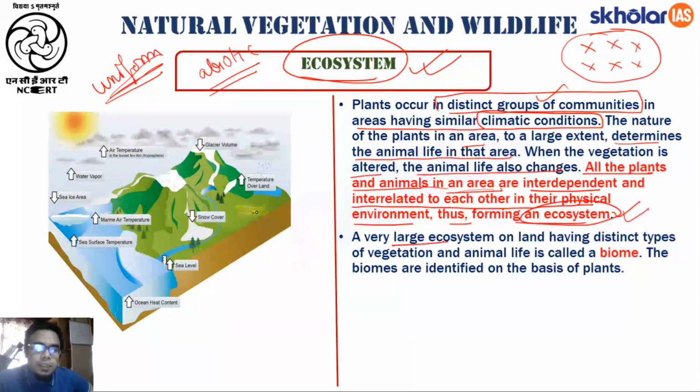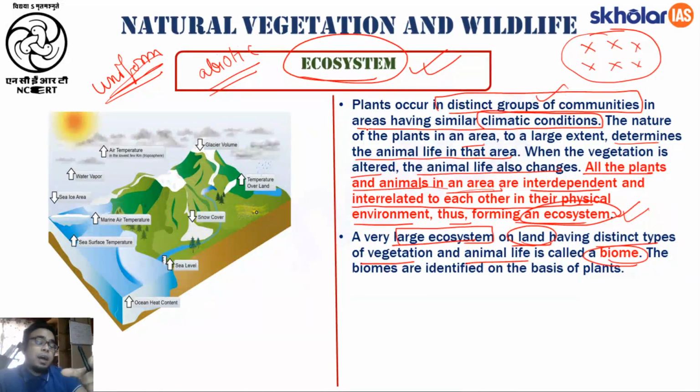Then a very large ecosystem on land having distinct types of vegetation and animal life is called a biome. Now, what is a biome? We have already understood this in your lower classes, right? So what is a biome? It is a large ecosystem on land, very important, right? Now when we talk about ecosystems, it can be a saltwater ecosystem, it can be a freshwater ecosystem.